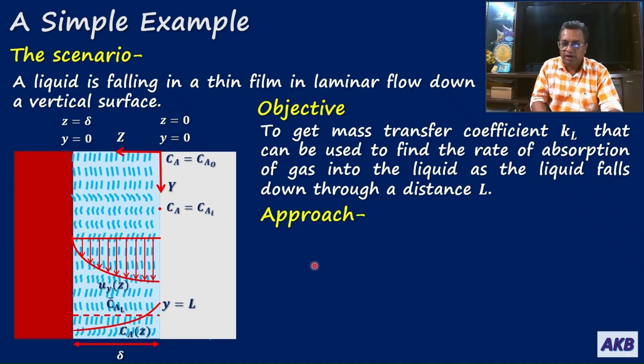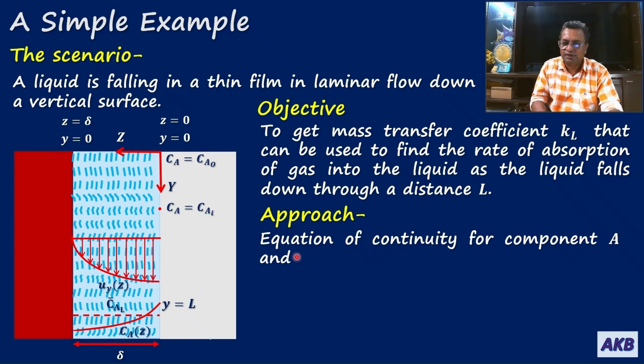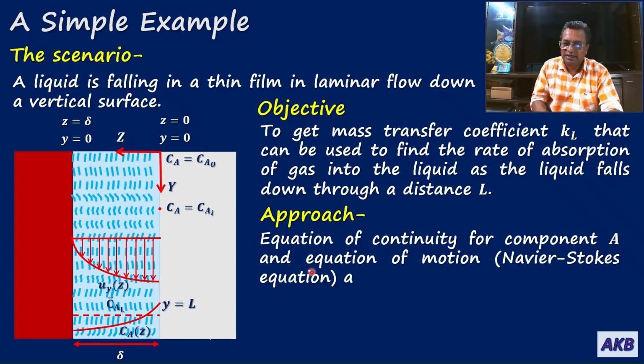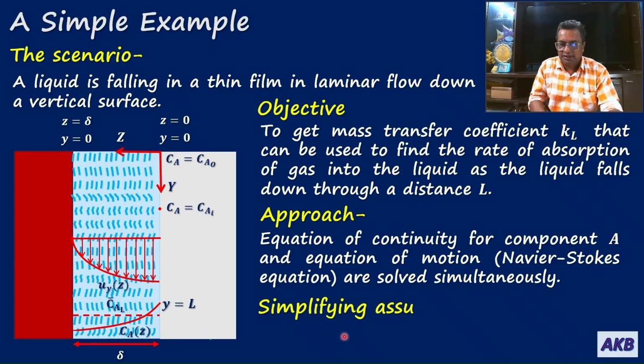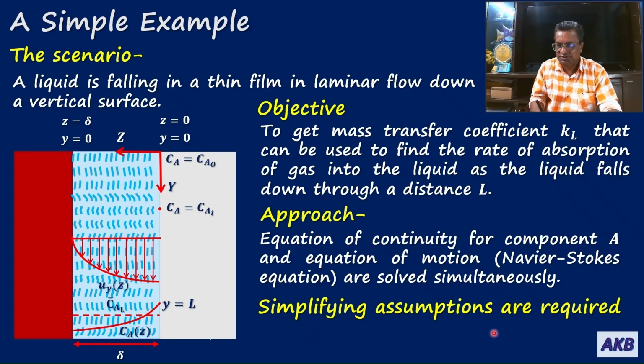And what would be the approach? The approach is we are going to solve the equation of continuity for component E and the equation of motion, that is the Navier-Stokes equation. We are going to solve these two equations simultaneously in order to get the mass transfer coefficient. Now, in this discussion, we need to use many simplifying assumptions.